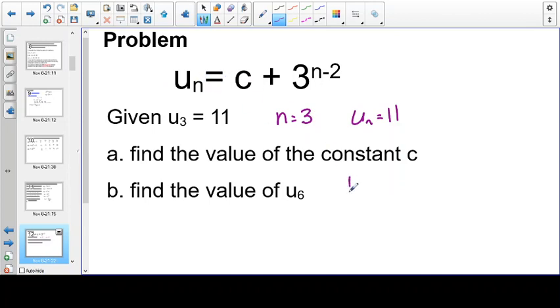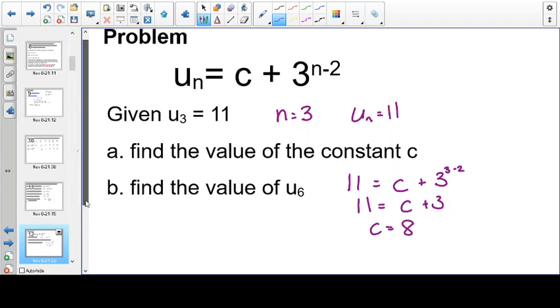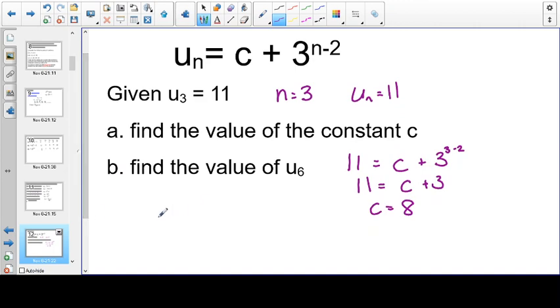So 11 equals c plus 3 to the 3 minus 2. Well, that's just 1, which means c is 8. So we now can say un equals 8 plus 3 to the n minus 2.